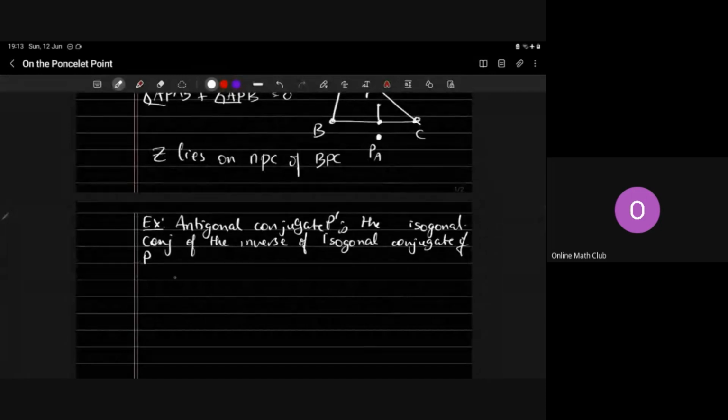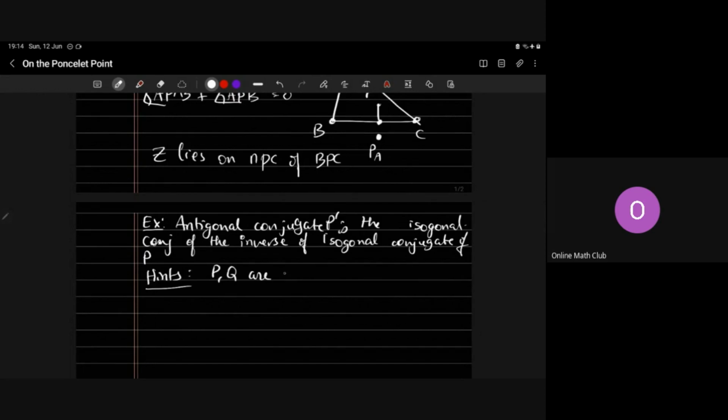Again, this looks scary, but the proof is just angle chasing. So maybe I'll give you hints. By the way, inverse is with respect to the circumcircle of ABC.